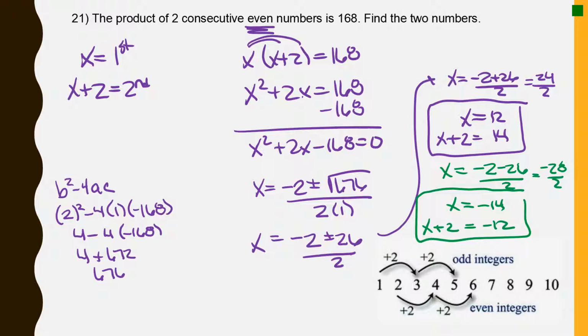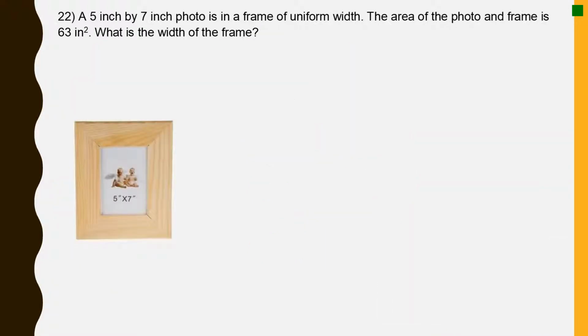Oh, so much work. All right. A 5 by 7 inch photo. So this is 5, this is 7. Is in a frame of uniform width. The area of the photo and the frame is 63. Now remember, this is x, making this whole thing x plus 5 plus x, or 2x plus 5.